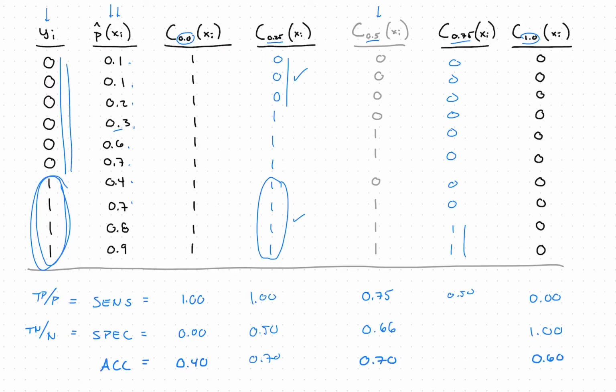Within the zeros, we get all of them. That looks good, so we get 1 here. And then that's 1, 2, 3, 4, 5, so an 80% accuracy. Okay, cool. So this maybe isn't the best illustration, but you can see something here. Excuse me, I'm talking too much.